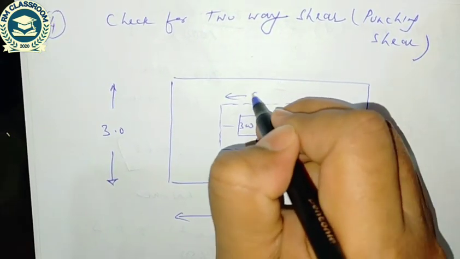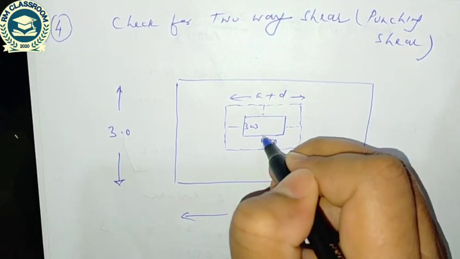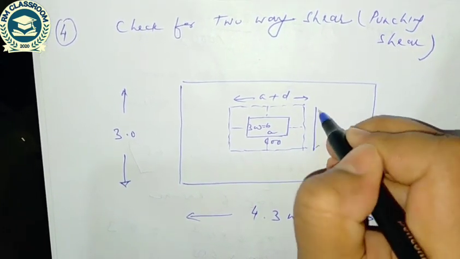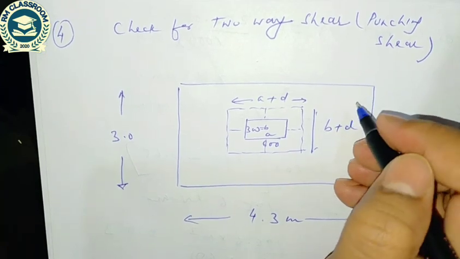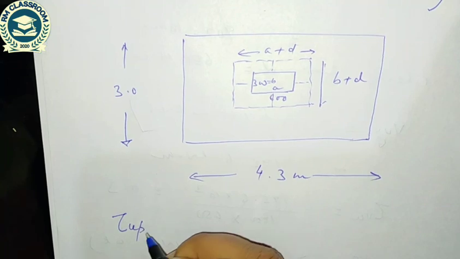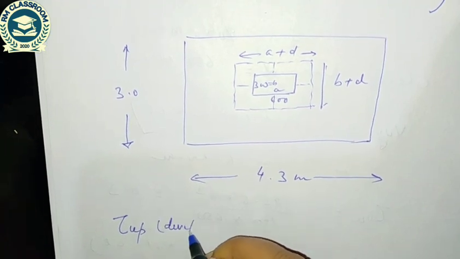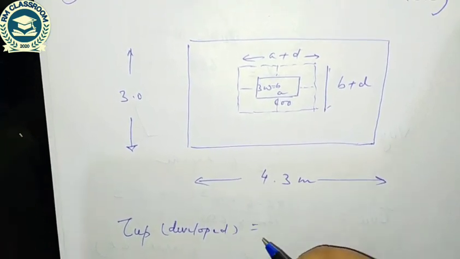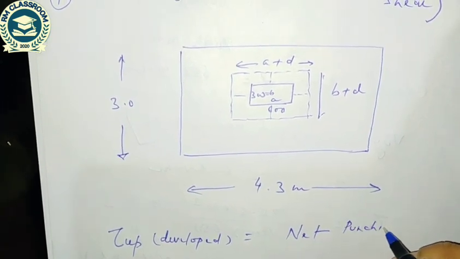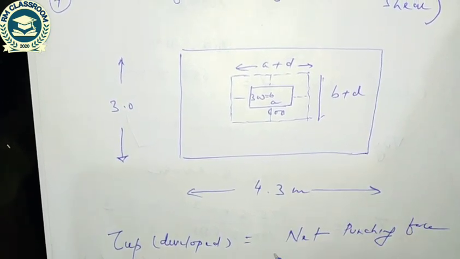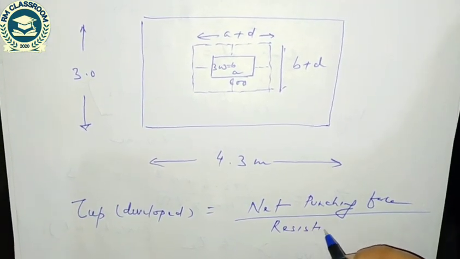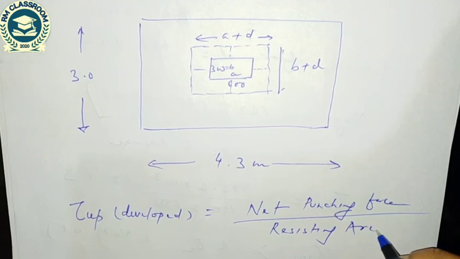So this dimension is A plus D, because this is A and this is B, and this dimension is B plus D. Punching shear stress developed is equal to net punching force divided by resisting area.